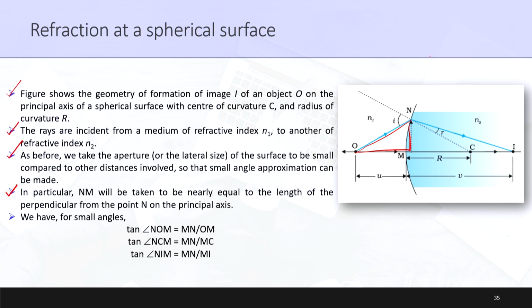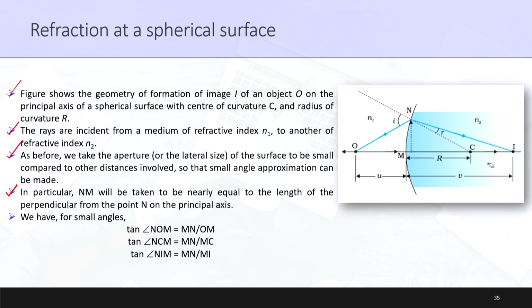As you can see, this angle is equal to NM upon OM, quite evident. Next triangle is NCM. So, this is your angle NCM. This angle NCM is equal to NM upon MC, quite evident. So, this is also clear.